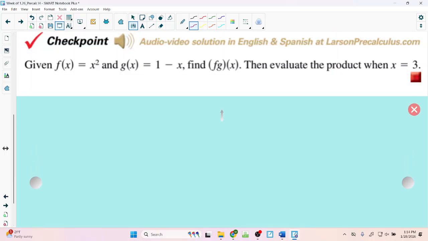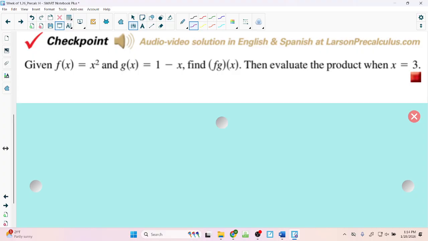Let's try it. You try it. Try to find f times g of x, then evaluate f times g of 3. The way that you would write this in function notation would be f times g of 3. Evaluate the product when x is 3. Just give it a try.